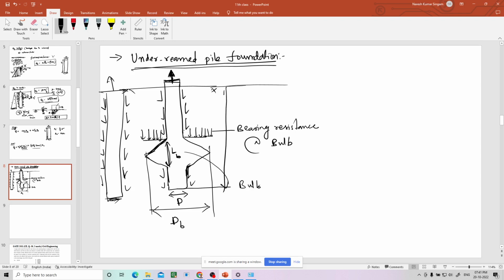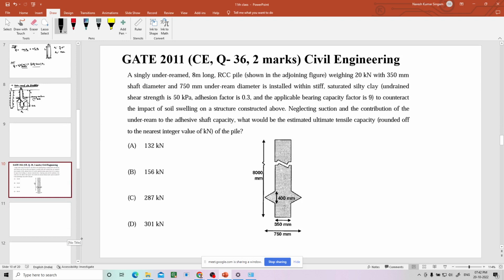If you see, this frictional resistance will be developed upper portion and bottom portion. Sometimes bottom portion may not be involved. Let me check the question.